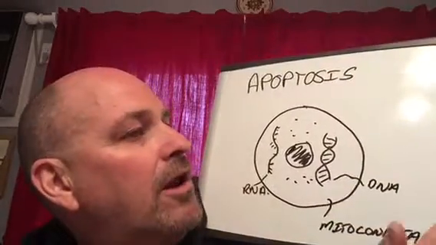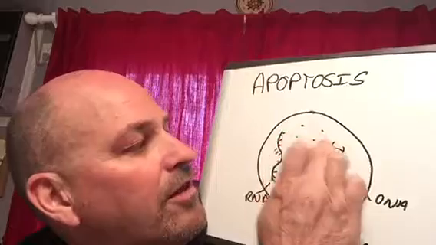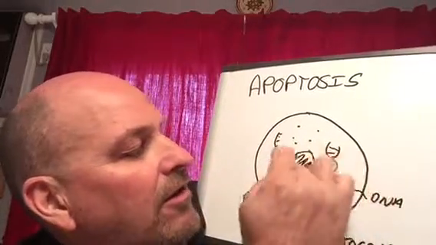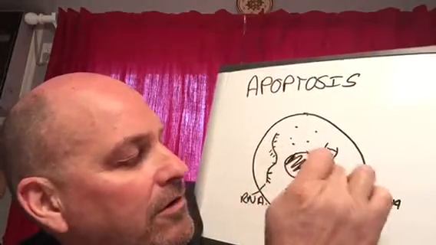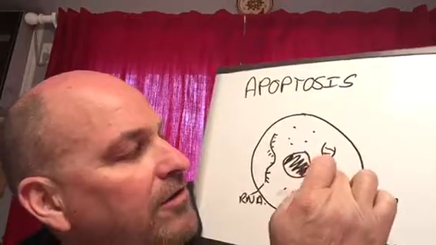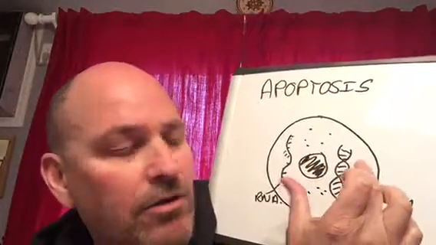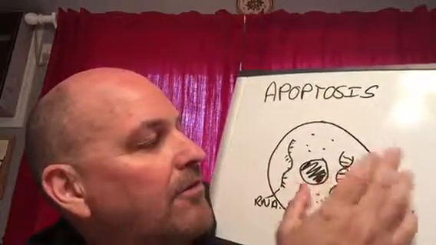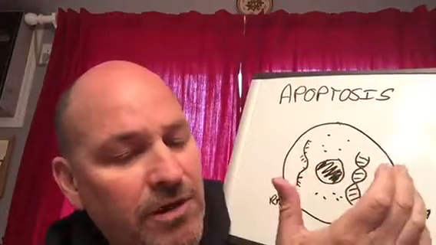Now, if there's an issue with anything in this cell, whether the DNA parts are missing, or the cell could actually be getting old, there's a protein called P53. This protein gets activated and actually leads the cell to self-destruct and commit suicide. Now, that's what happens in a normal cell.